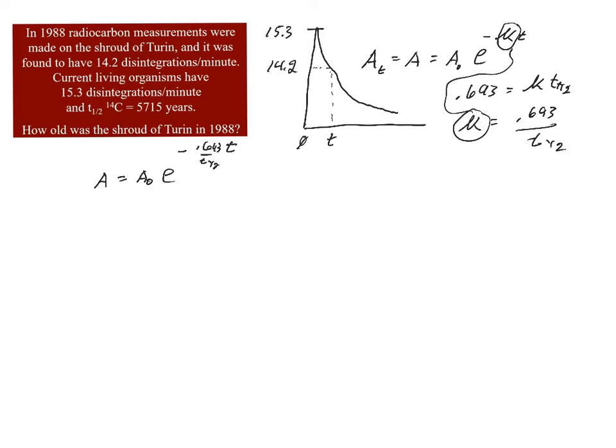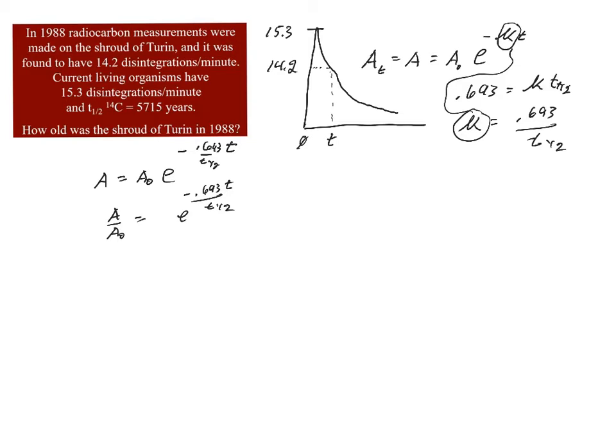Now I'm after the time, so I need to take the log. So I'm going to pull everything out of the exponential to the left-hand side. So I have A over A naught equals e to the minus 0.693 t all over t1/2.